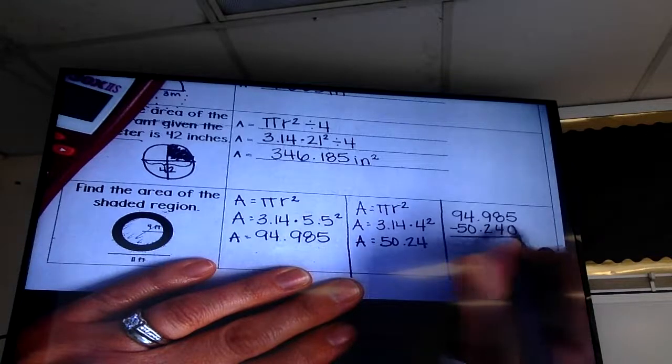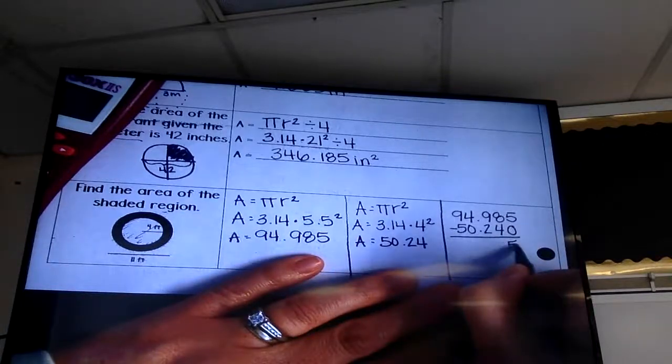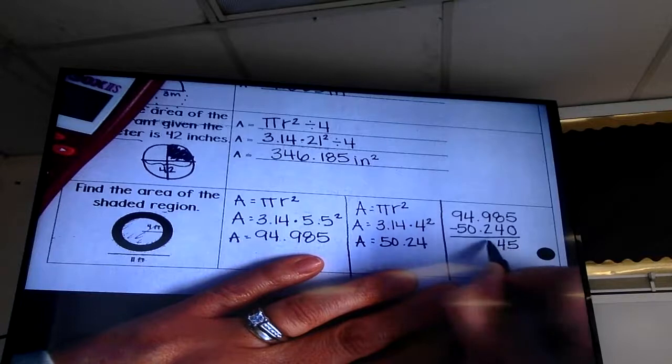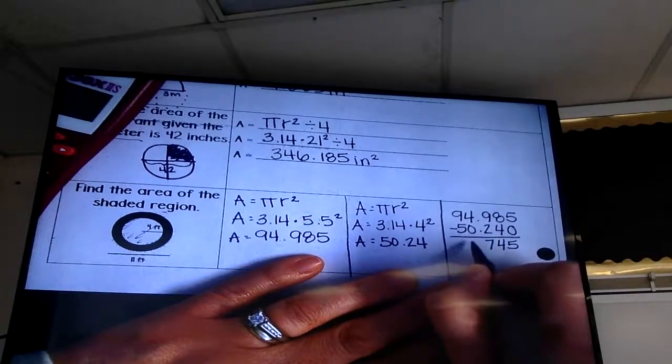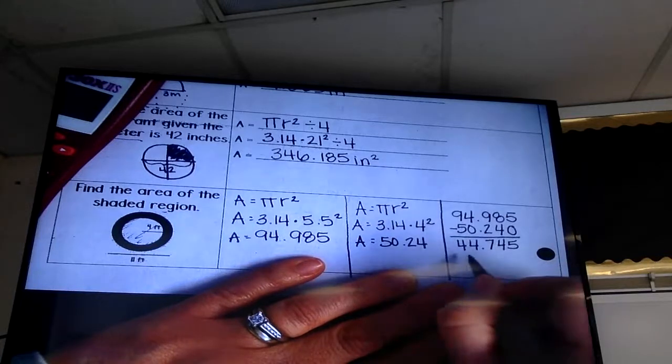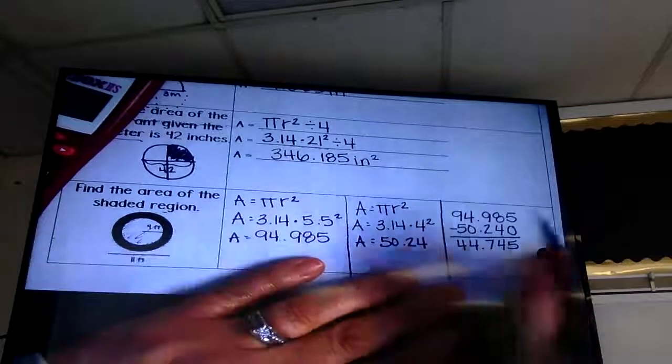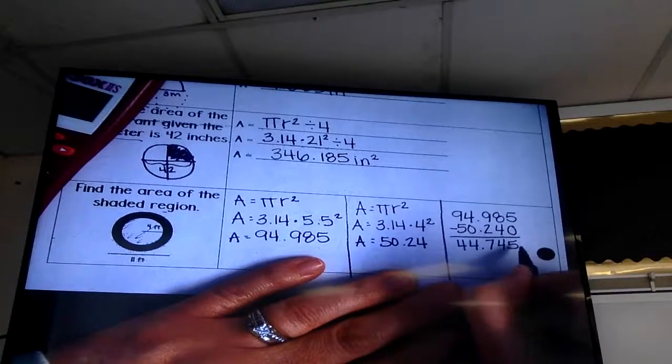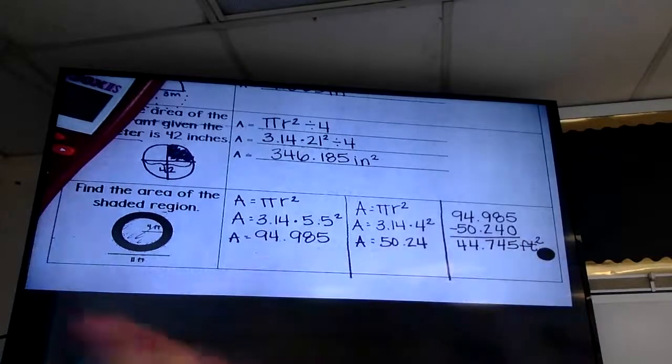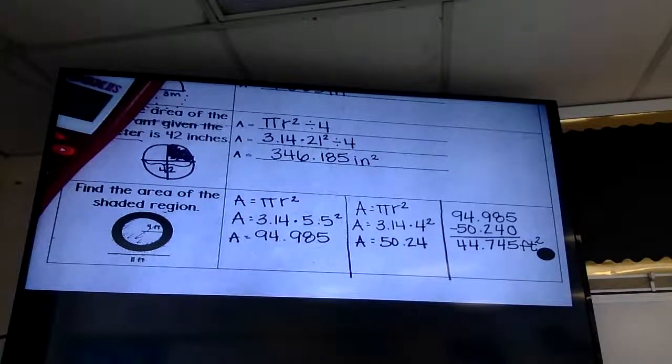I'm going to add a 0 here so they end in the same spot, and then I'm just going to subtract. And of course you can use your calculator if you want. I'm just going to use my brain. And I come up with the answer of the shaded region is worth 44 and 745 thousandths. Let's look at our label, feet squared. So kind of a challenge problem there for those of you that might be able to challenge yourself.